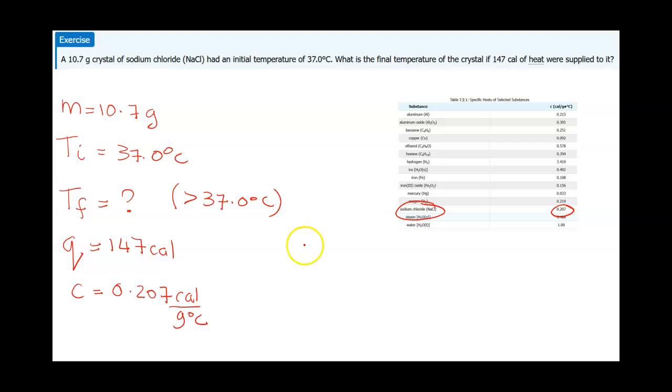So what I'm going to do is I'm going to do it like this, right? I know that Q equals mcΔT. So if I divide both sides by mc, I can get ΔT, how much the temperature went up by. So let's go ahead and do that.